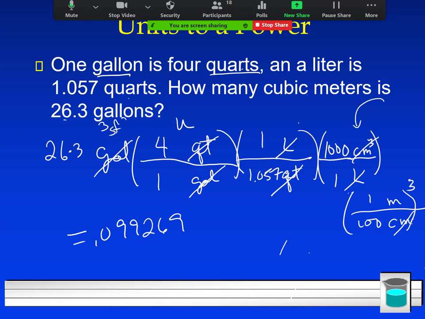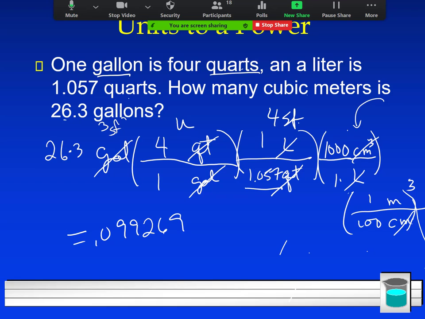If you have one from each system, your conversion factor has as many sig figs as the most in the conversion factor. I can't know this to 4 sig figs unless I measured my 1 liter that carefully too. So I have to have measured the two pieces to the same degree. So this has 4 sig figs.